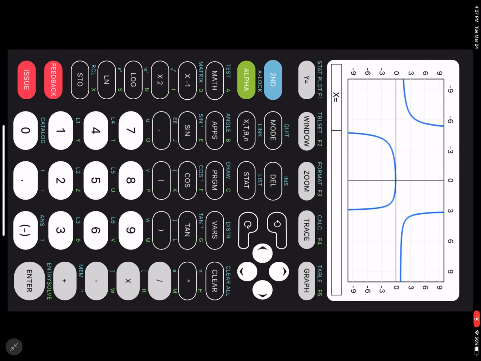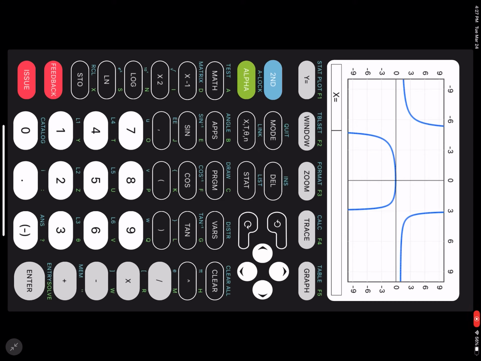And I hit the graph button, and I get an idea of what the shape is going to look like. Looks like we're hugging that horizontal line on the top side.